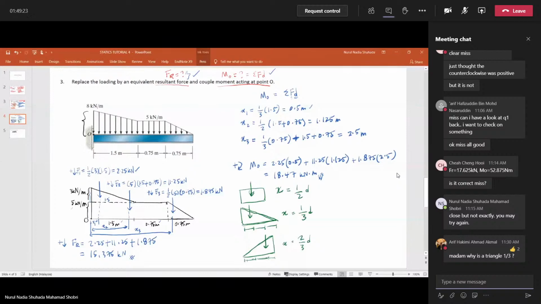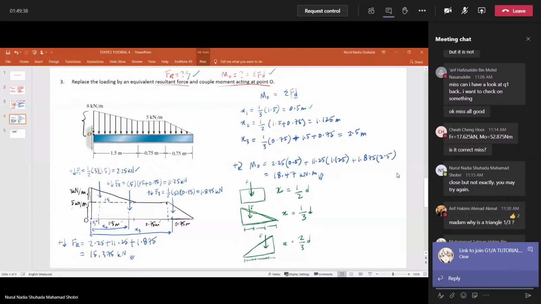Are we clear? So this is how to find the distance when the force is at the center, or at the first 1/3, or at the first 2/3.